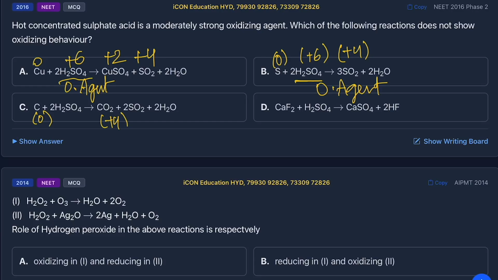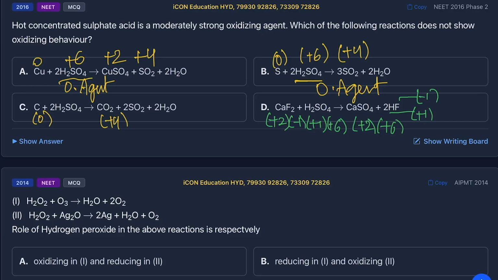Next, the last option, CaF2 and H2SO4. In this, Ca has +2 oxidation, fluorine has -1, H has +1, and SO4 has +6. In the products, Ca is +2, SO4 is +6, and in HF hydrogen is +1 and fluorine is -1. So Ca is the same, +2 to +2, fluorine is the same, -1 to -1, hydrogen and SO4 are also the same.